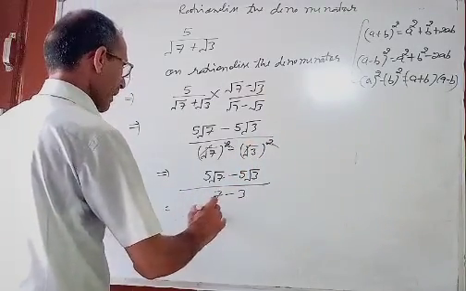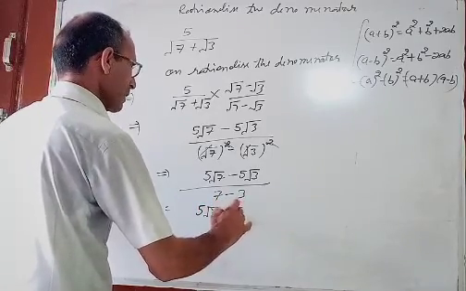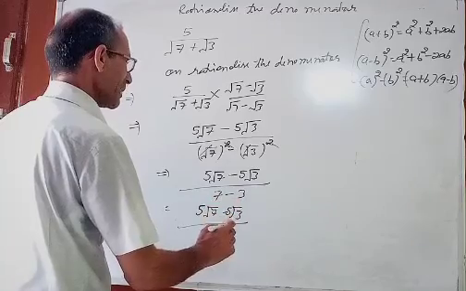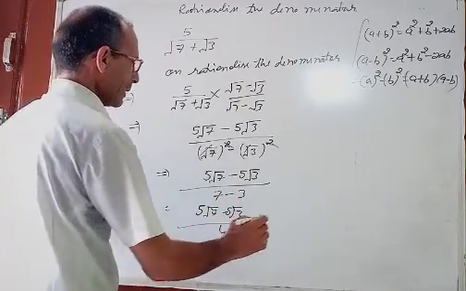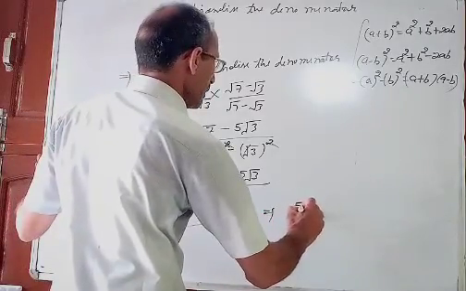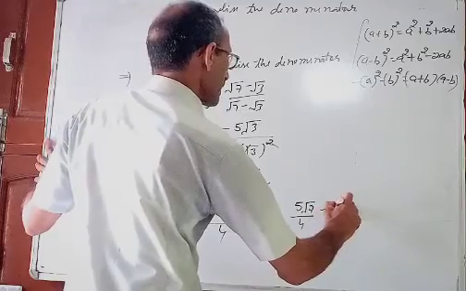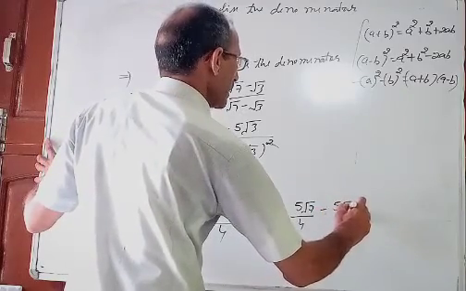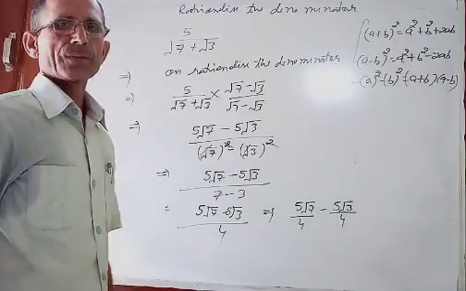So 5 root 7 minus 5 root 3 by 7 minus 3, which is 4. You can write it like this, or you can write 5 root 7 by 4 minus 5 root 3 by 4. So this is the solution of this one.